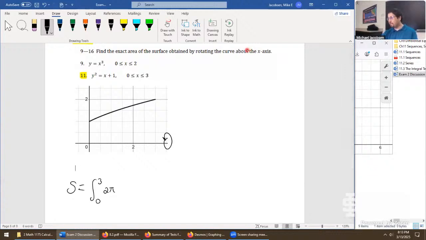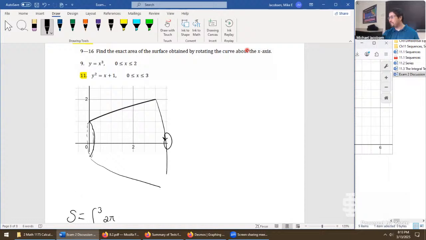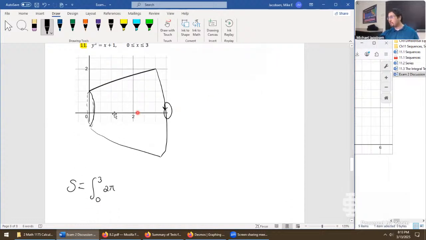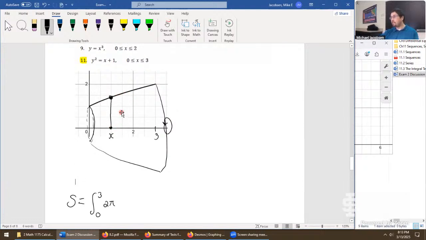We're rotating this way, then the whole surface might look about like this. Keep in mind, I'm not very good at drawing these, so your imagination is really important right here. Here's the surface. Pick an x value from 0 up to 3. I'll just let my x value be generically this one. Go up to here, and all we need is the height of this right here to get us started. So what would the height be?